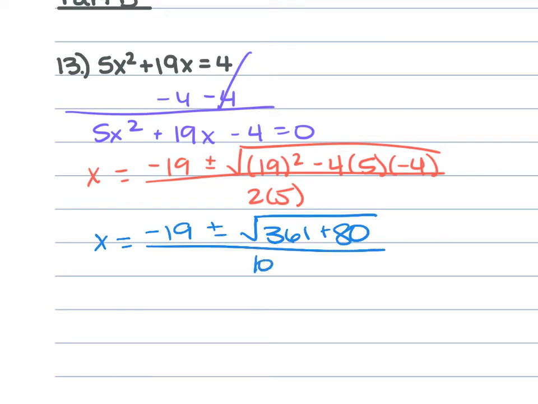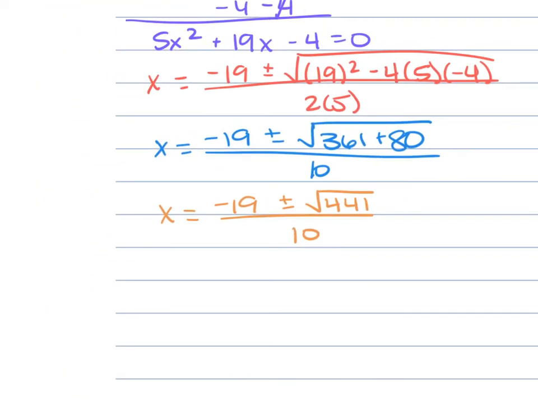So 361 plus the 80 is going to give us the square root of 441. The square root of the 441 is 21. So x is equal to negative 19 plus or minus 21 all over 10.